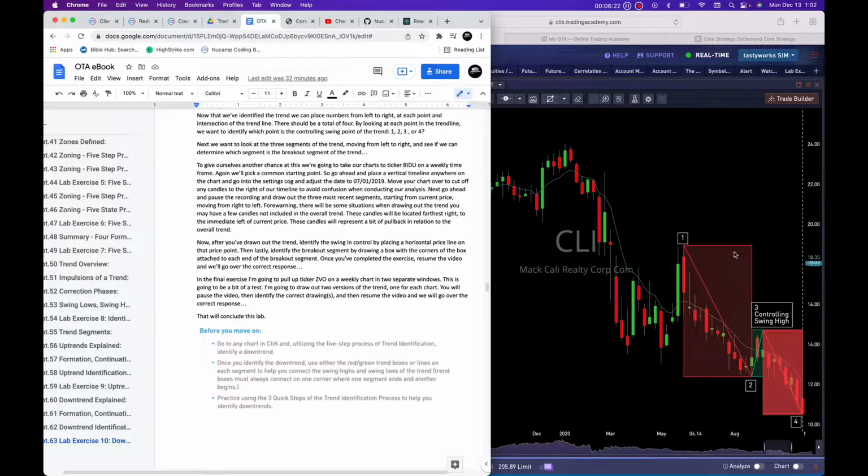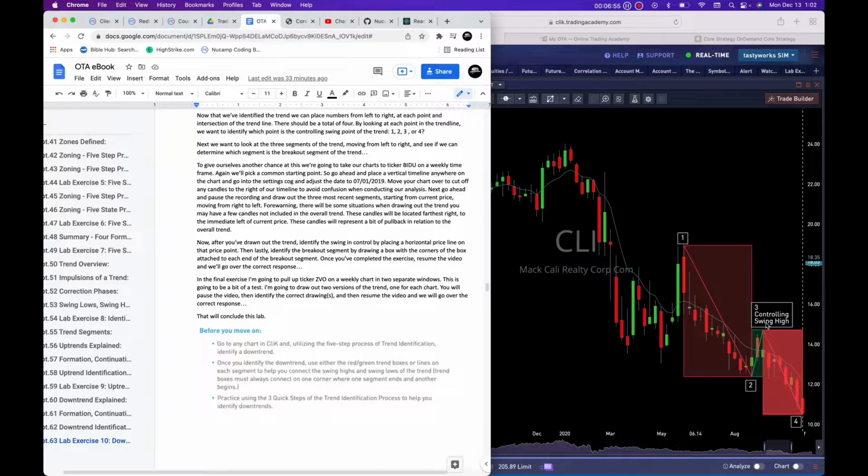All right, recall that whenever we have a downtrend, again, it always starts with a high. It then makes a low. It has a pullback or a mild correction, which is the lower high. And then the moment price crosses below the previous low, that segment becomes the breakout segment, and the lower high becomes the controlling swing high, otherwise known as the swing in control.